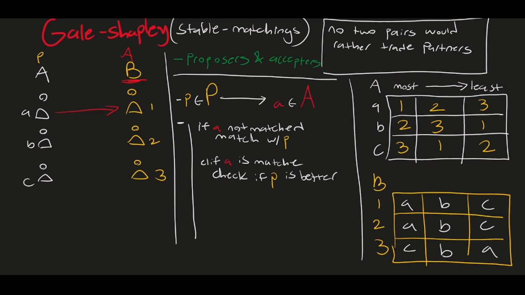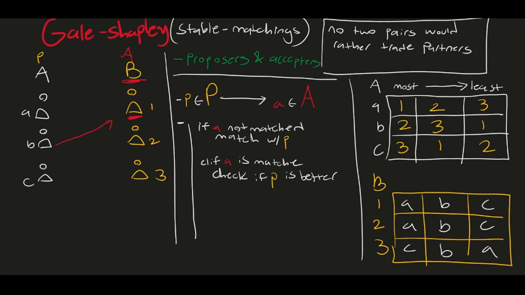So if A is already matched, A is going to check their preference list. So A proposes to 1 here. Now if B comes in and proposes, 1 is going to check their preference list. And if 1 says, I actually like B more than A, then A becomes unmatched.